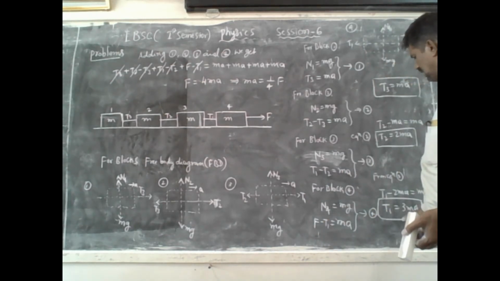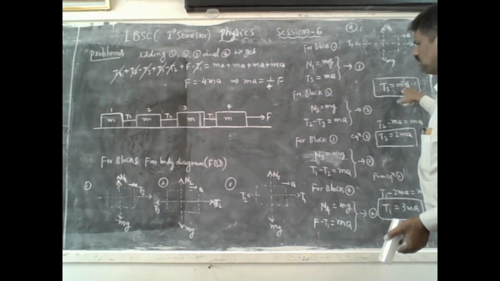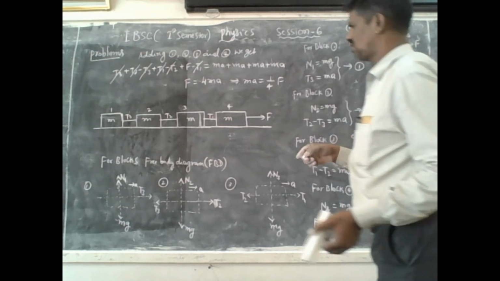T1 is equal to 3MA and T2 is equal to 2MA and T3 is equal to MA. So these are the tensions in the block.